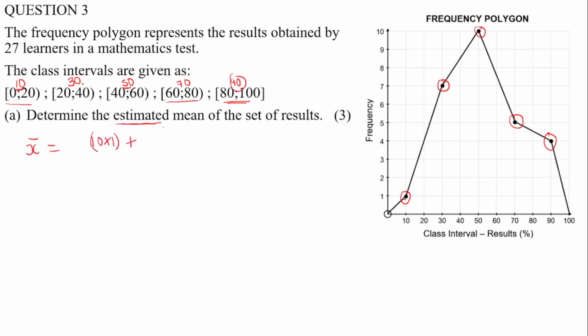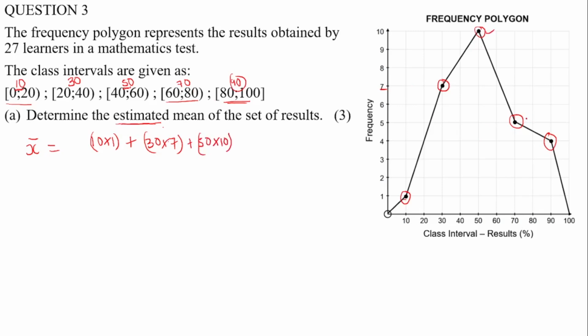And then plus 30, how many got 30? 7 from the frequency polygon there. So it's going to be 30 times 7. Okay, it's like these 7 learners, each of them got 30%. And then 50%, how many got 50%? It should be 10. 10 got 50, so it's plus 50 times 10.